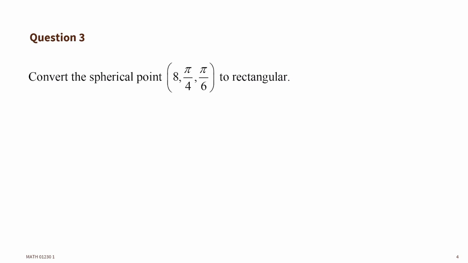Spherical to rectangular. How do you find the x-coordinate? It's rho cosine theta sine phi.